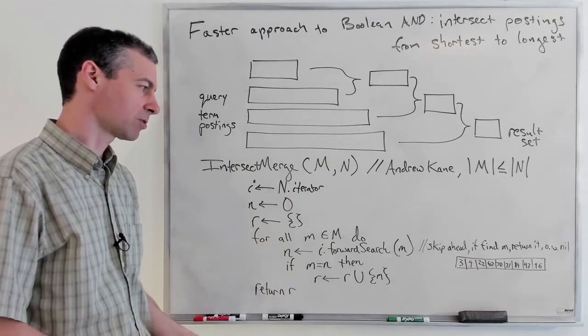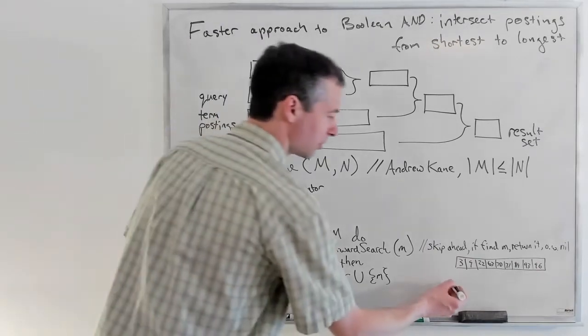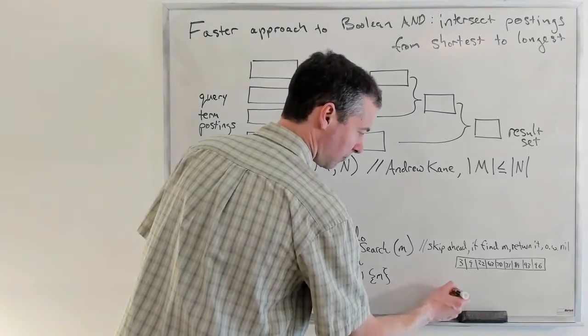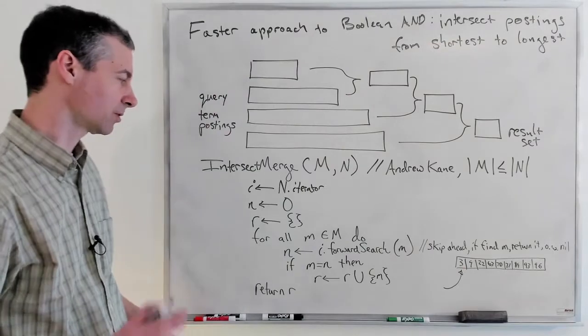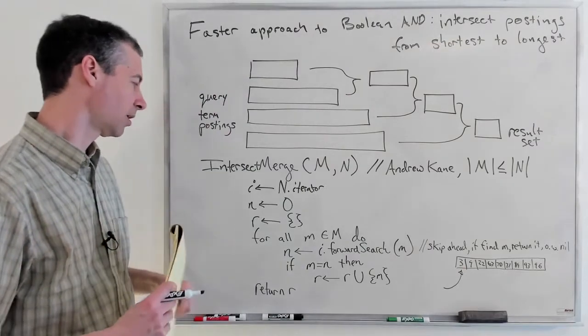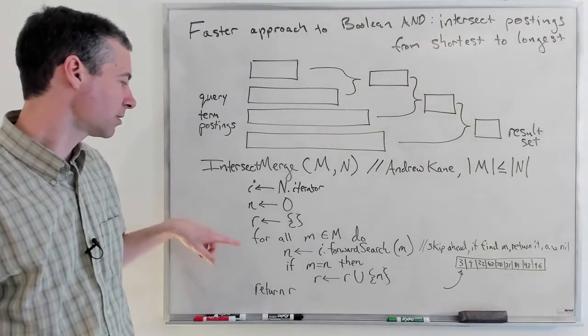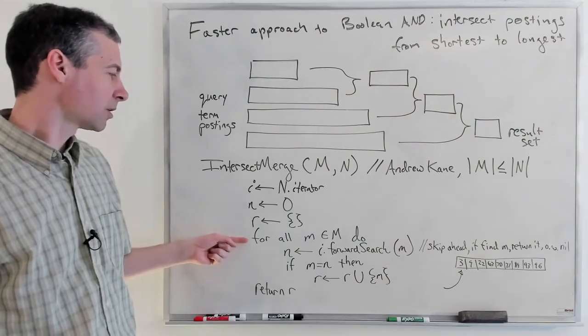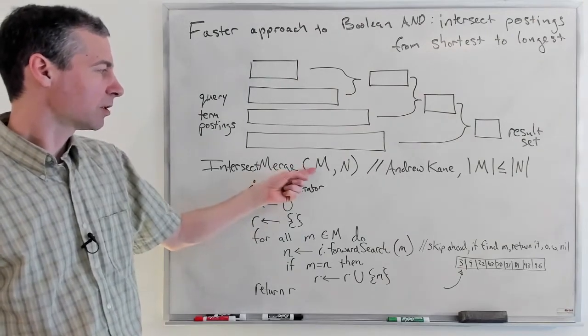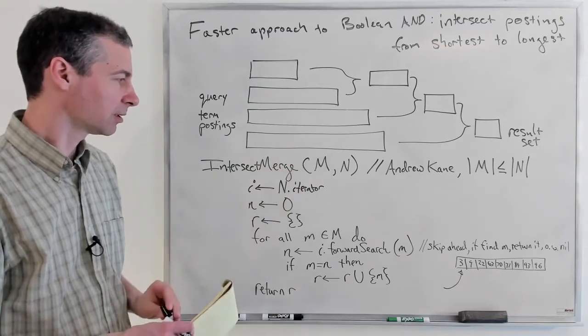You're going to end up initially with some iterator that's sitting here and pointing to the first element. So you're all ready to go. You set this to 0, you set your result set to the empty set, and now we're going to go through all the elements of our shortest list.